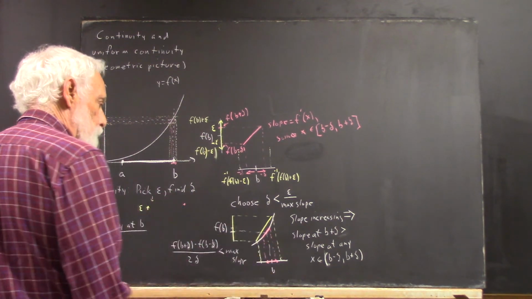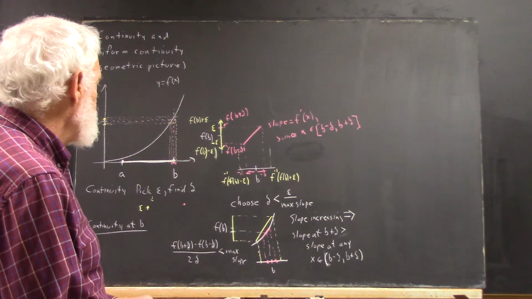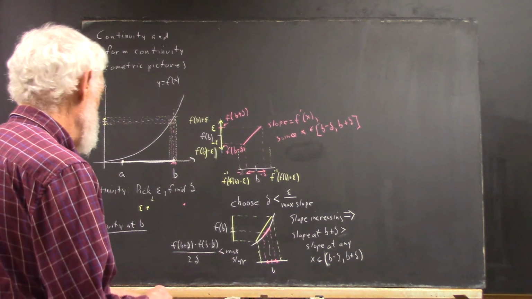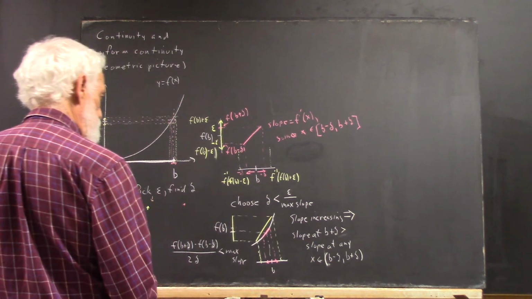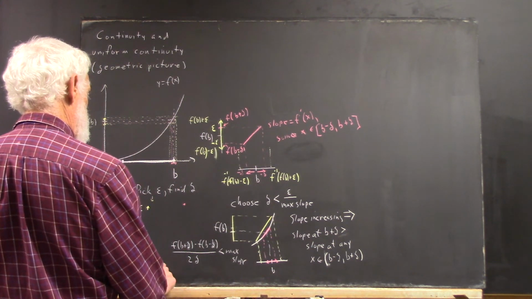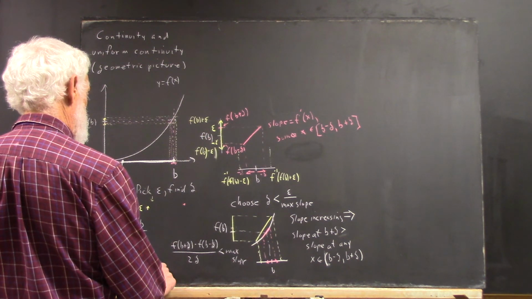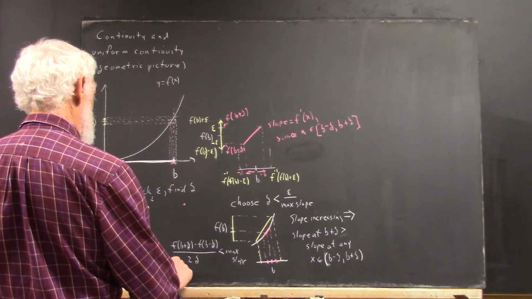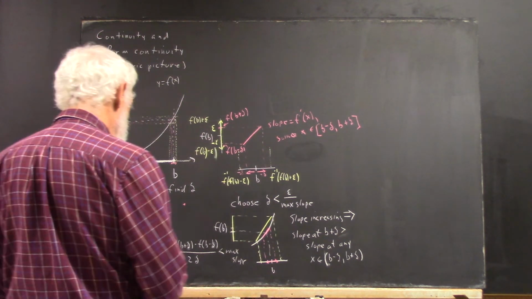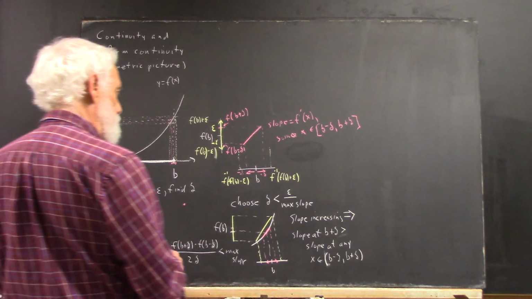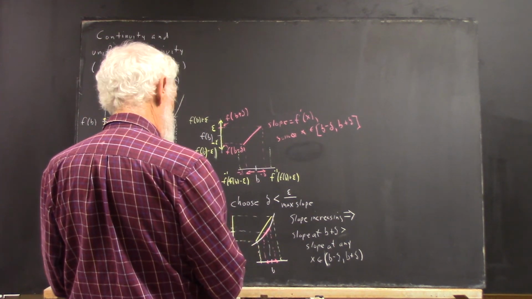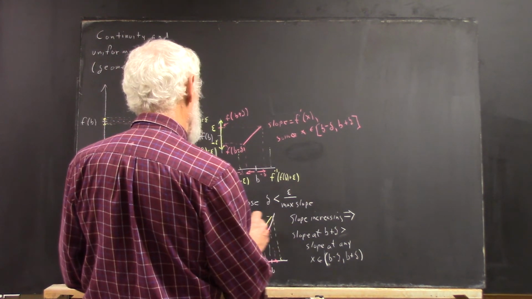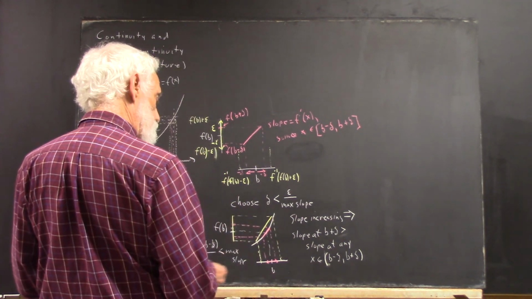I want to write down an f prime of b plus delta, but I'm not going to do that. Running out of room here, so f of b plus delta. Of course, f of b plus delta minus f of b minus delta is just the width of this interval here.